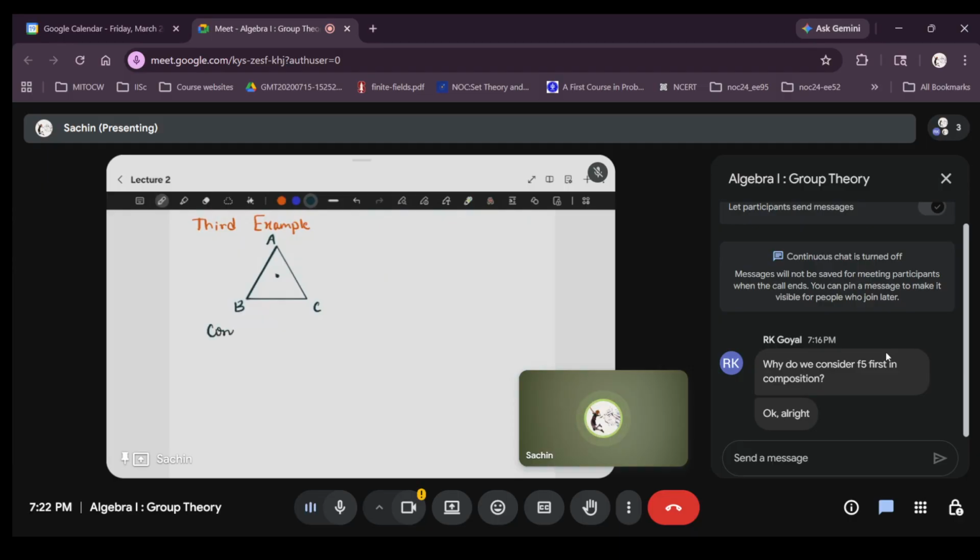Now consider, this is an equilateral triangle. Consider the rotational symmetries of ABC.